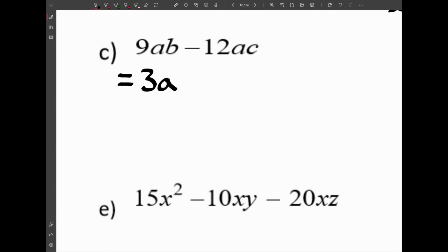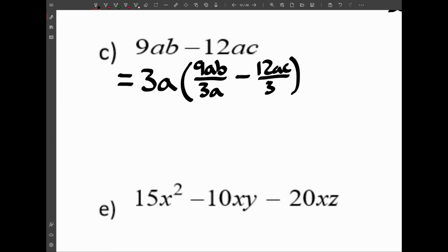They have a 3 in common, they have an a in common. So to figure out what goes in the brackets, to get that 3a out of there, we basically divided everything by 3a. So this is 9ab over 3a minus 12ac over 3a. So we have 3a times 9 divided by 3 is 3.